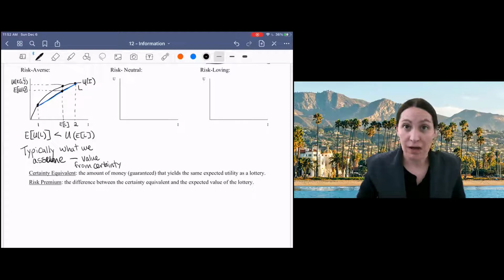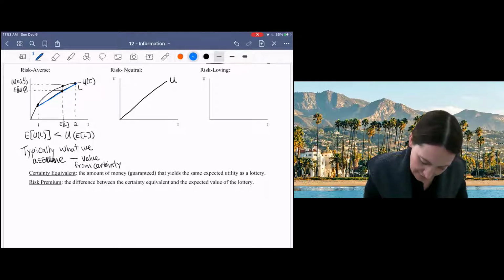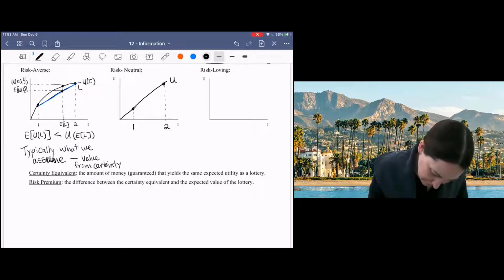We can also model a risk-neutral utility function as having a constant slope. And here we could think about a similar lottery where we have two outcomes with some expected value.